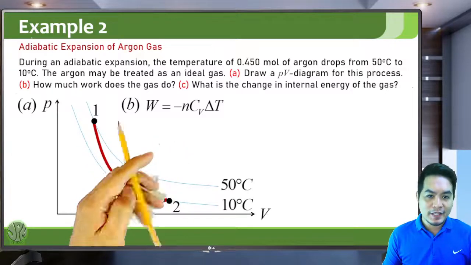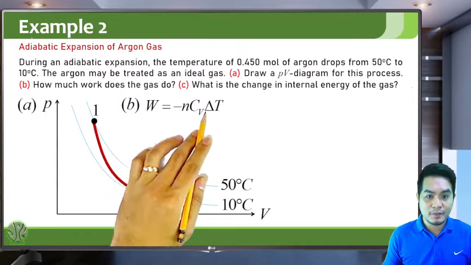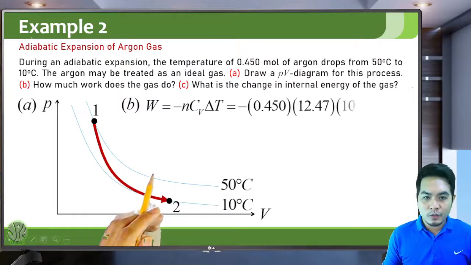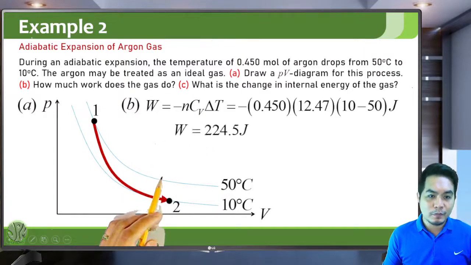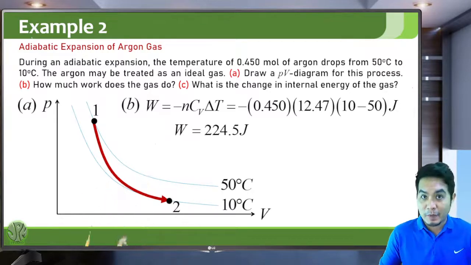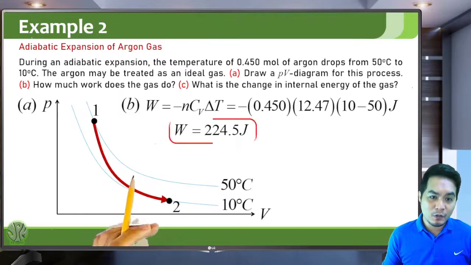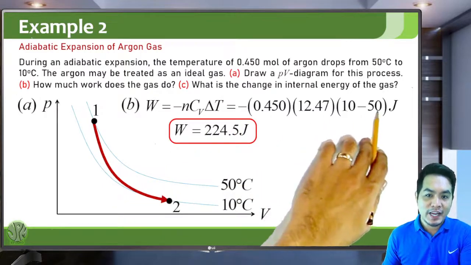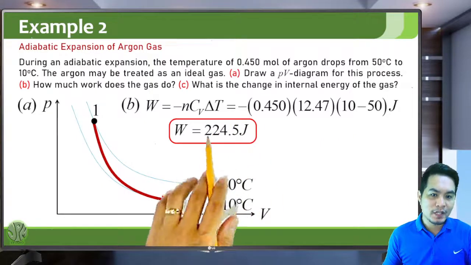So you have negative nCv delta T, or nCv times negative delta T. So we have this one, the work done by the gas is positive 224.5 joules. This is expansion, so we expect the work done to be positive. 10 minus 50 is negative, but there's a negative sign here. That's why it becomes positive.